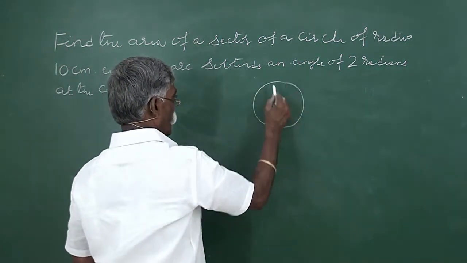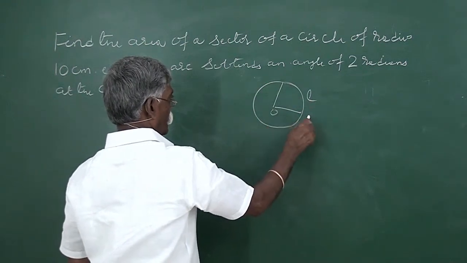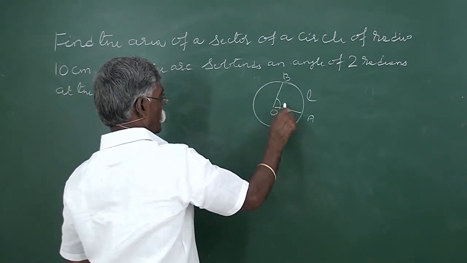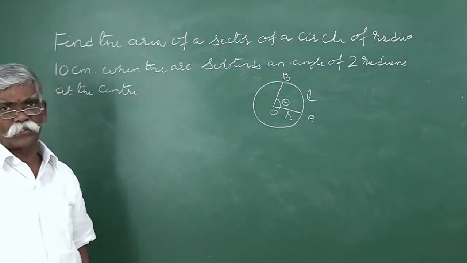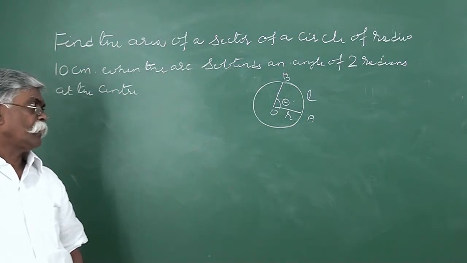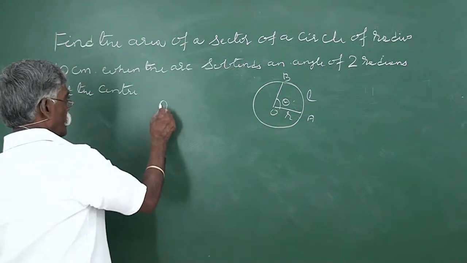Suppose this is the circle, and L is the length of the arc, and R is the radius, and theta radians is subtended by the arc AB at the center. At present theta is given in radians.